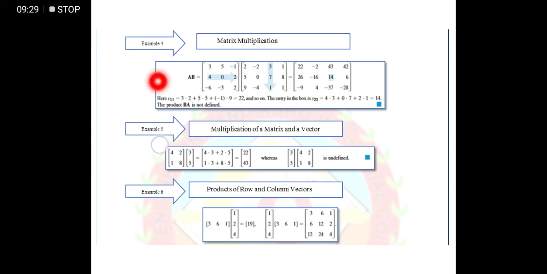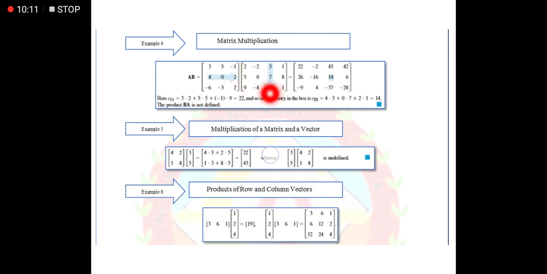Okay. Now, in example number 4, what you will do here, if you read the examples or the discussion or the concept in our manuals, for you to be able to perform a multiplication of two matrices, the first thing you do is check if the number of columns of the first matrix is equal to the number of rows of the second matrix.